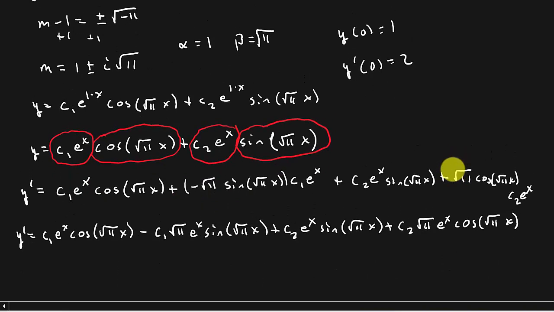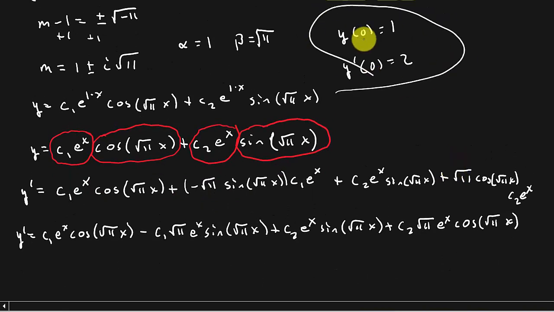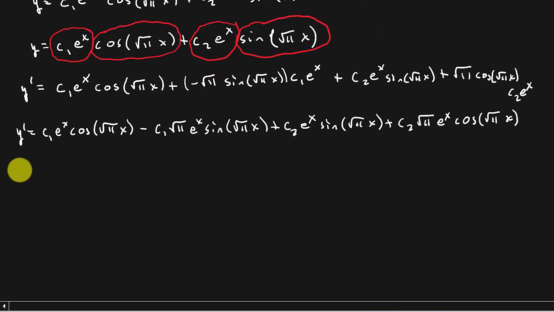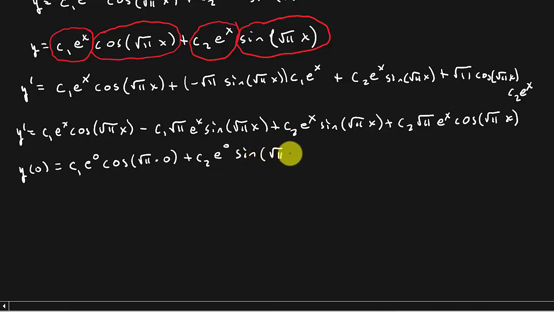these conditions here. So we got to plug 0 in for x right here and set that equal to 2. So I've got y of 0 is equal to c1 e to the 0 cosine square root of 11 times 0 plus c2 e to the 0 sine square root of 11 times 0.